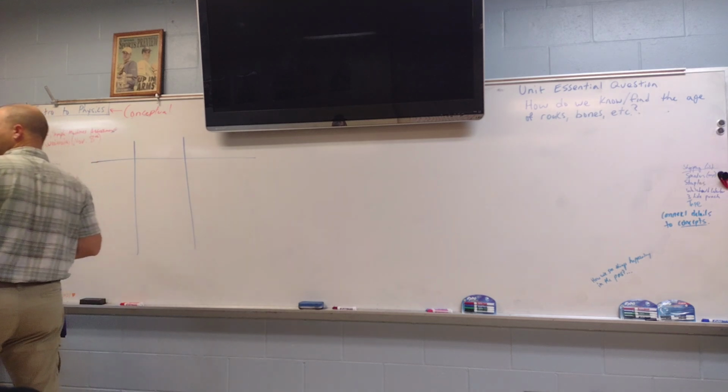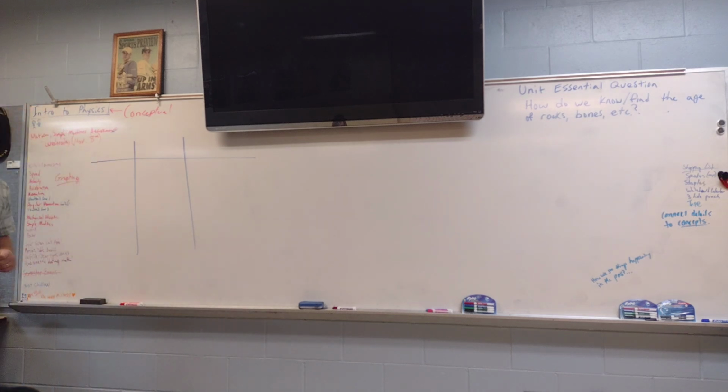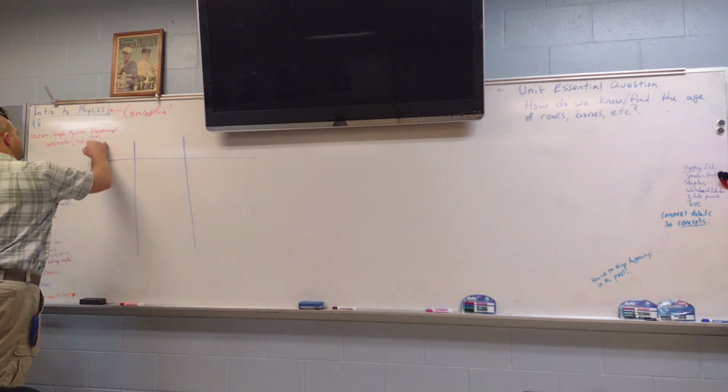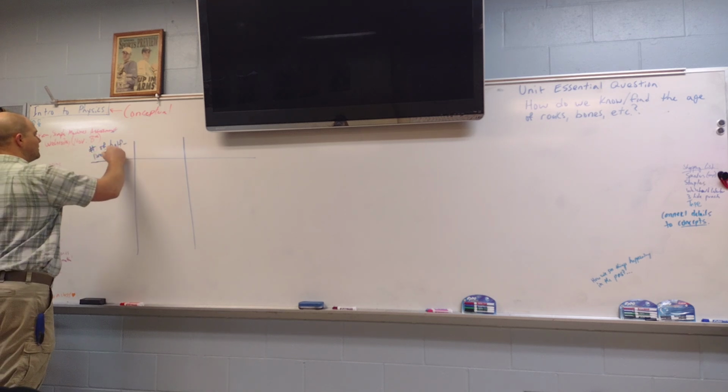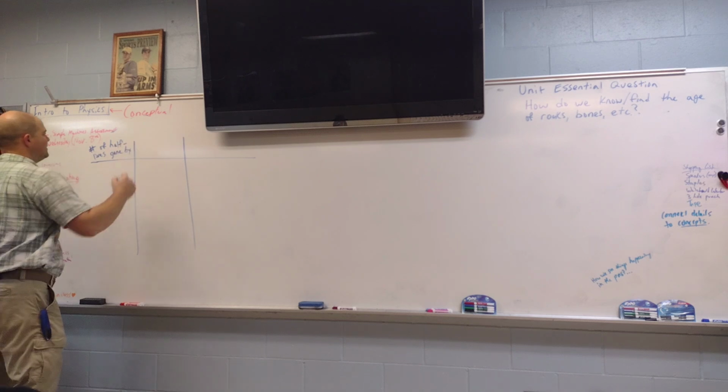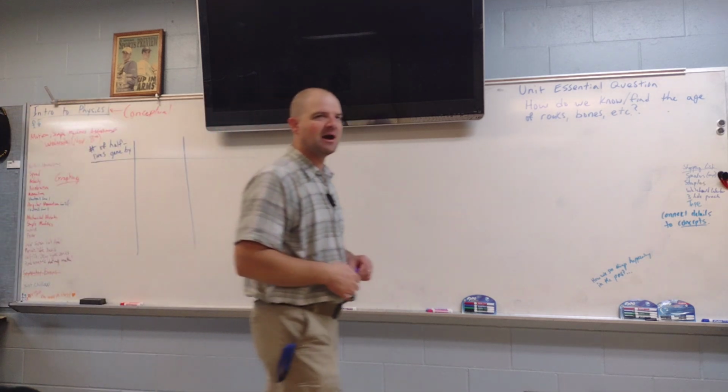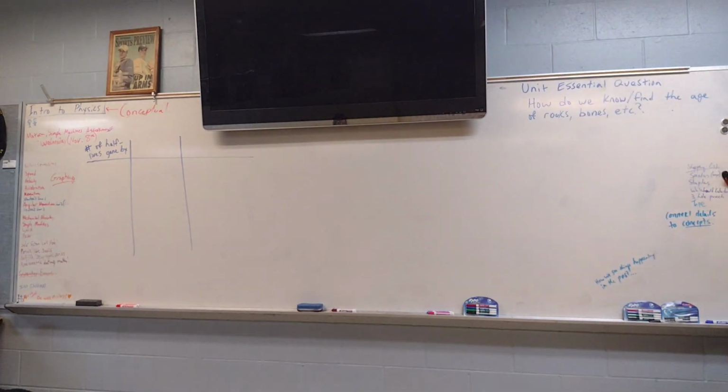Yeah, you guys should start copying this down. The first row, there are different ways you could build this. The way I always build it is number of half-lives gone by. Number of half-lives gone by is your first column title.